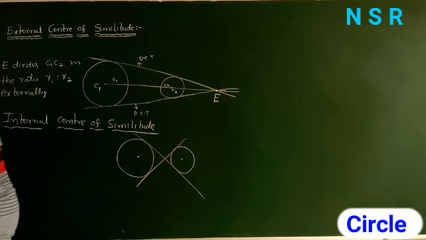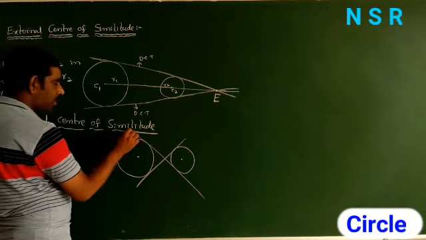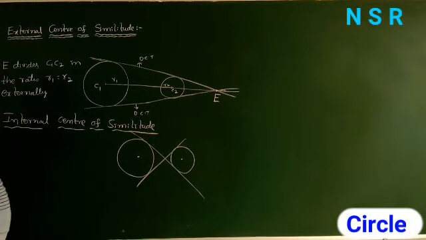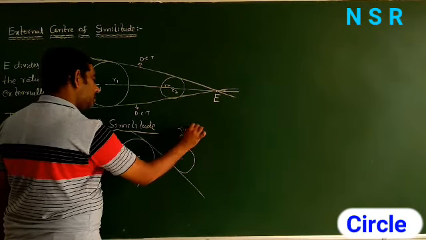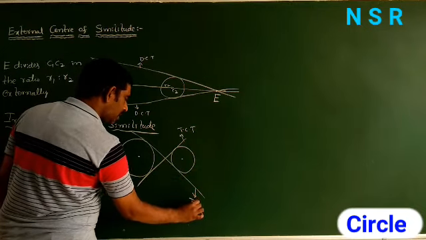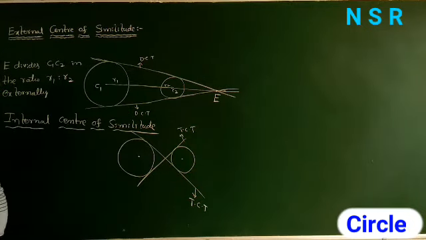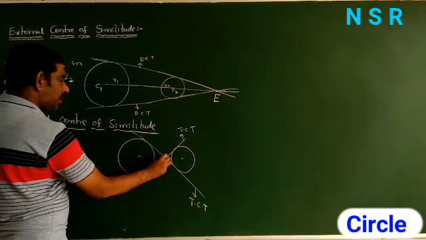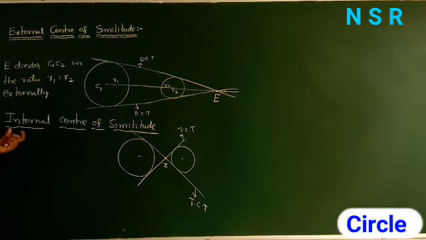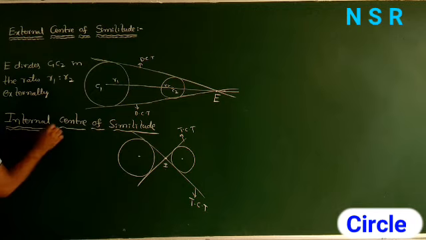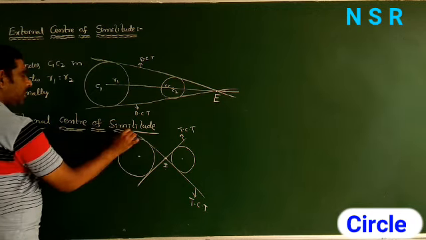Internal center of similitude means the intersection point of transverse common tangents. This is one transverse common tangent and this is also one transverse common tangent. The intersection point of transverse common tangents is called the internal center of similitude. It is denoted by capital I.